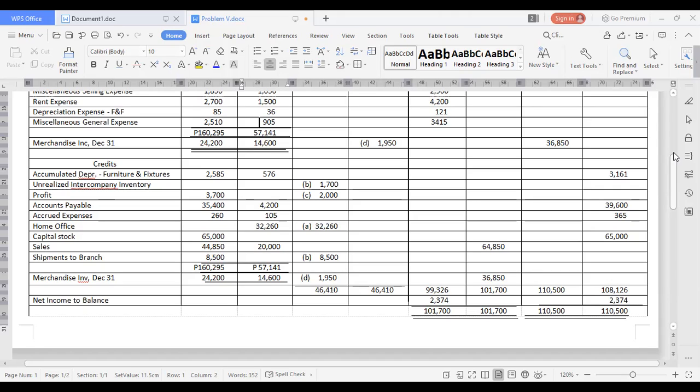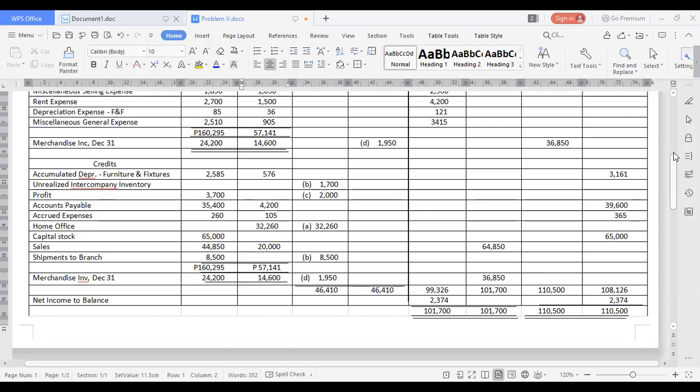Accounts payable and accrued expenses now after adjustments for the home office and the branch. And we have the home office account now with 32,040. Now we have 32,260 after your adjustments and eliminations.